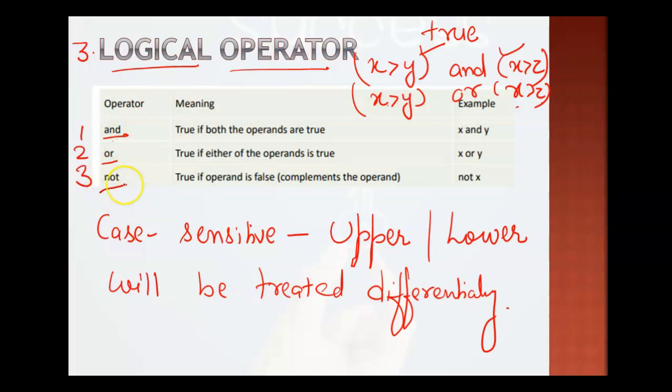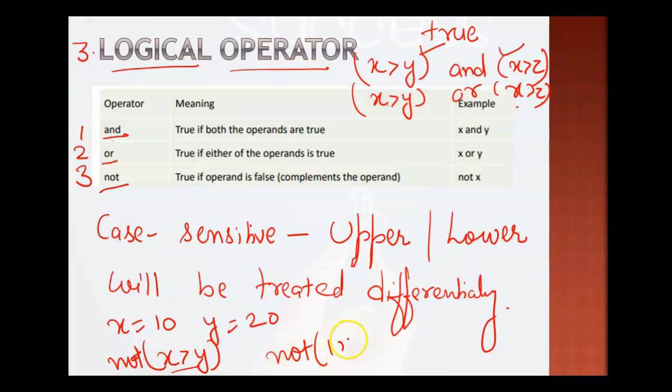Then the last one we have is the NOT operator. The NOT operator is true if the operand is false. Whatever result you are getting, you have to negate it, and that will be the answer. Suppose the value of x is 10 and the value of y is 20. I have written here x is greater than y, and before this you are writing NOT. So what does it mean? It will first check the result of this condition, right?